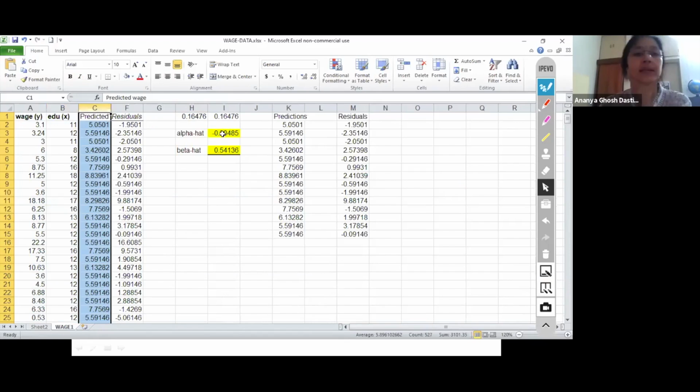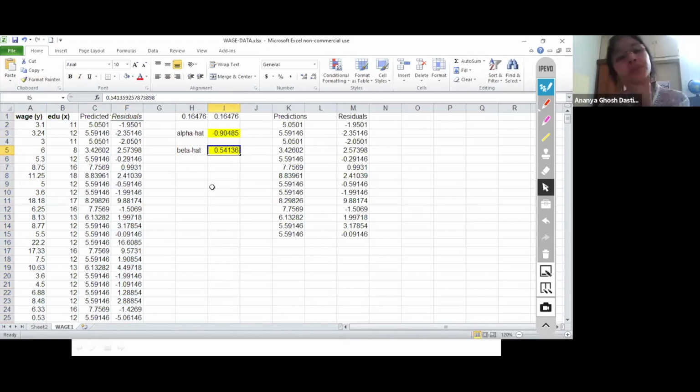Now this is alpha hat in yellow, this is beta hat also in yellow. Now look what I have done. I have generated the predictions using alpha hat and beta hat. What are predictions? Predictions are nothing but what your model is telling you should be the wage of someone who has a certain number of years of education.